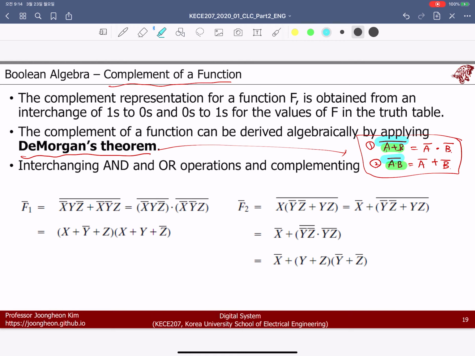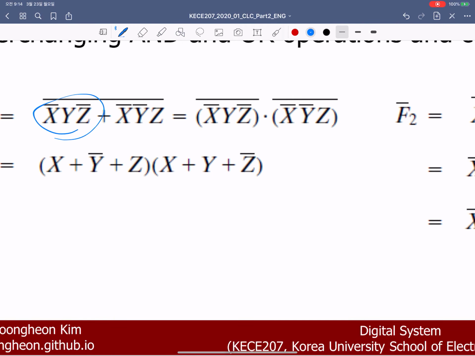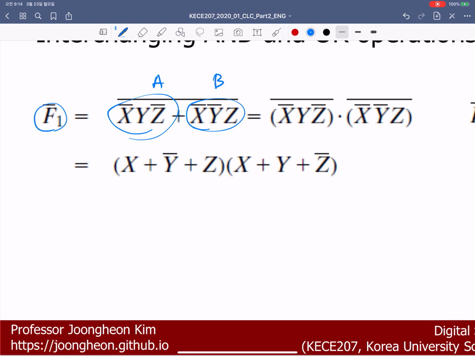So here, let's say this is a, this is b, okay? And then this is function f. Function f is a plus b, okay? Now you want to put the complement. So you have the complement here, and this becomes a bar dot b bar, just like that.